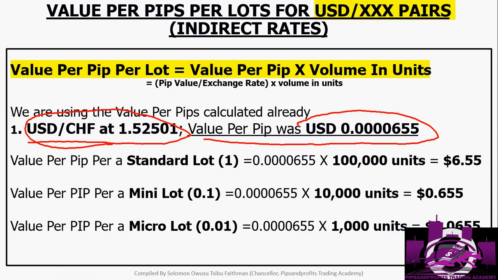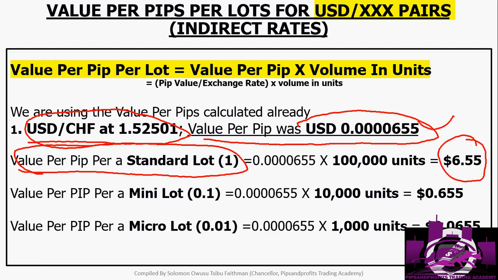Now, if we want the value per pip per standard lot, that is, if I trade one standard lot, the value for that one pip move, per the calculation that we did, this is going to be my answer. So you can see something here. You can see that this number here is even less than one standard lot of the direct rates that we calculated.